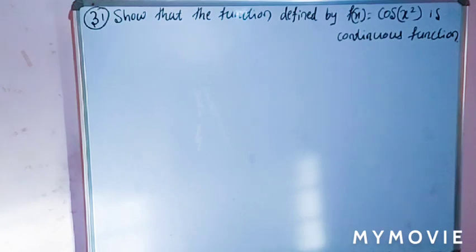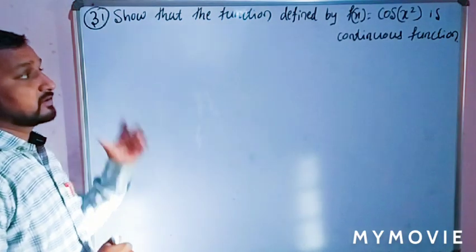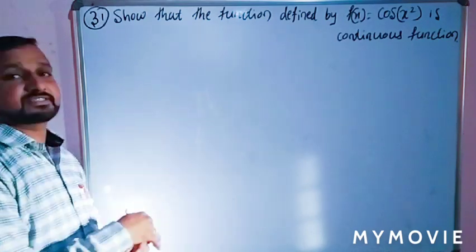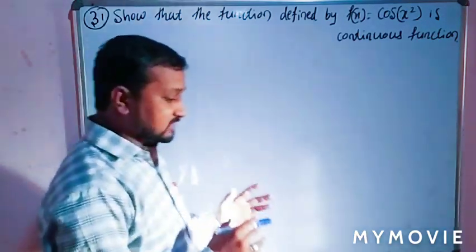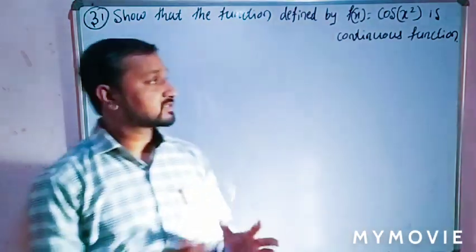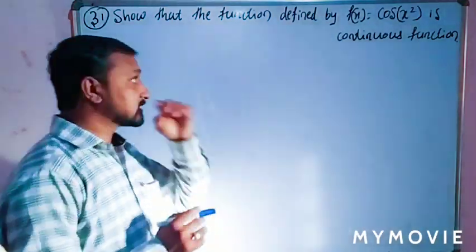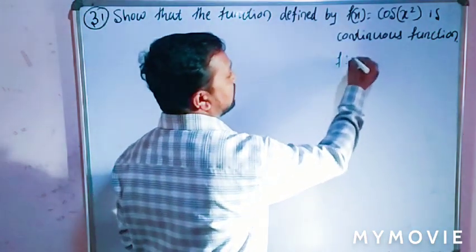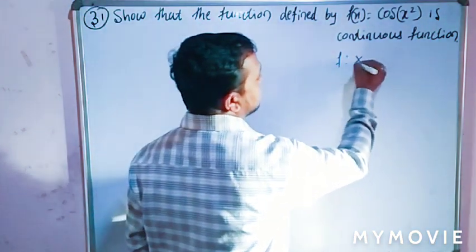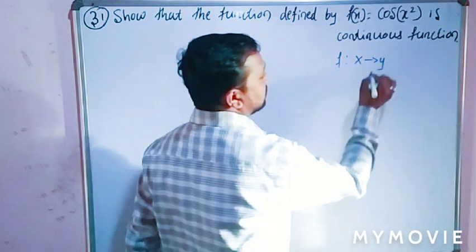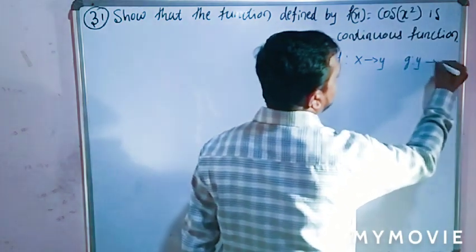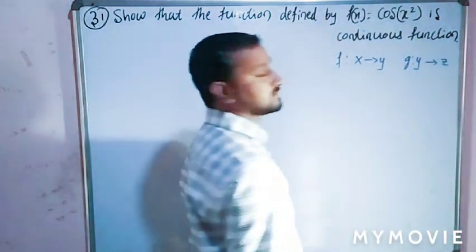So students, these examples are based on composition of a function. Already I told you that composition of a function is nothing but a combination of two or more functions. Is that clear? The definition: f from X to Y is a function, and g from Y to Z is a function.